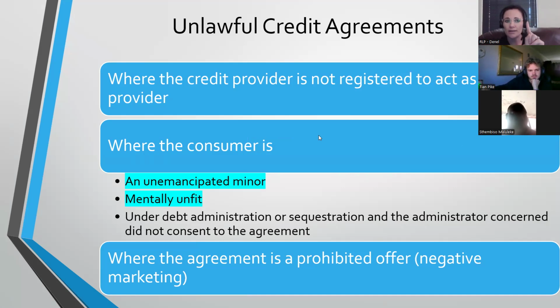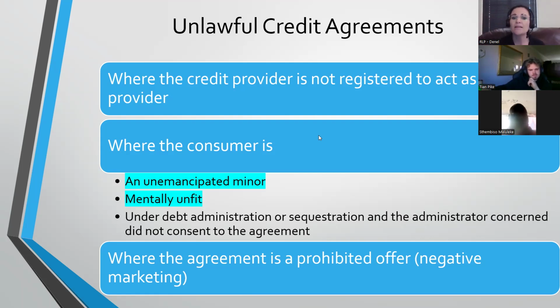The first one is where the credit provider is not registered to act as a credit provider. If the credit provider extends credit, but they're not registered as a credit provider, the consumer has no obligation to repay the credit because the credit provider was never allowed to offer them the credit in the first place. That's the first criteria of when an agreement will be deemed unlawful.